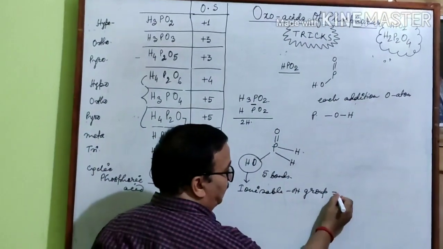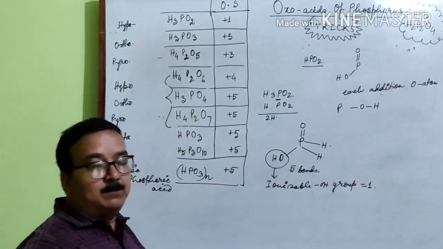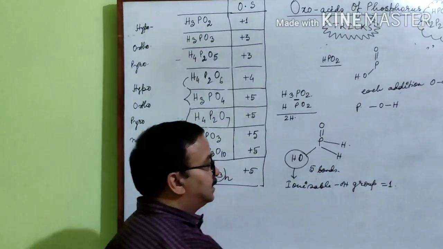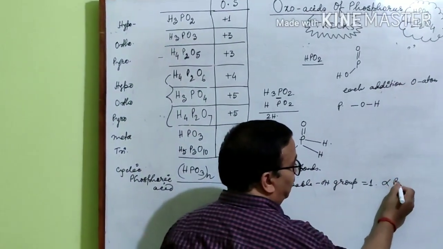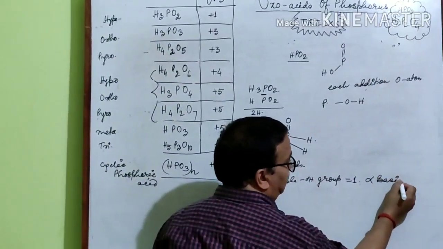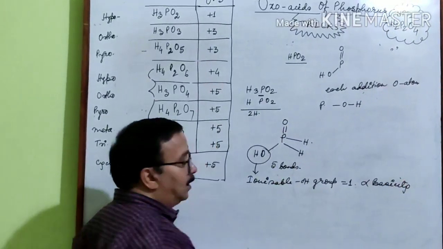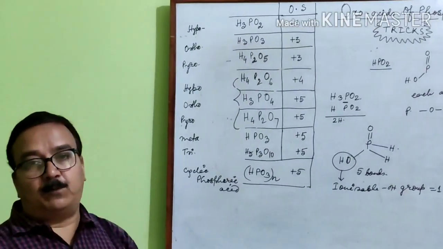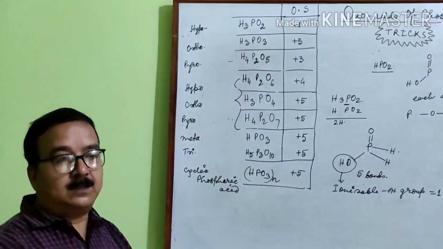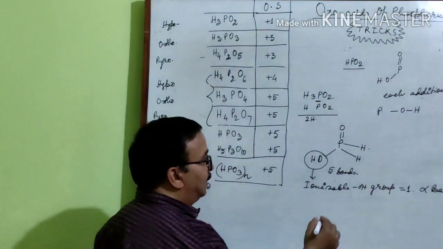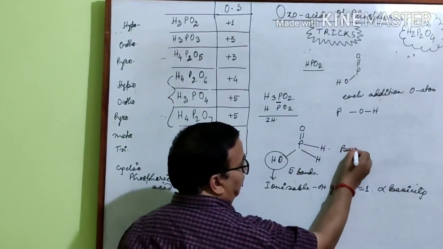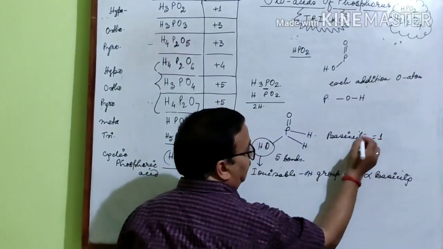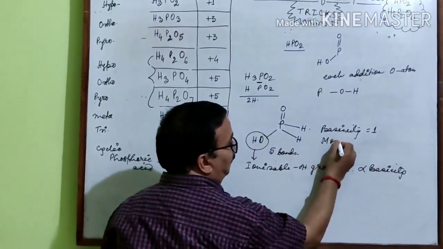Remember that the number of ionizable OH groups is directly proportional to its basicity. So the number of ionizable OH groups in hypophosphorus acid is 1. Therefore, its basicity is 1. Therefore, it is also known as a monobasic acid.